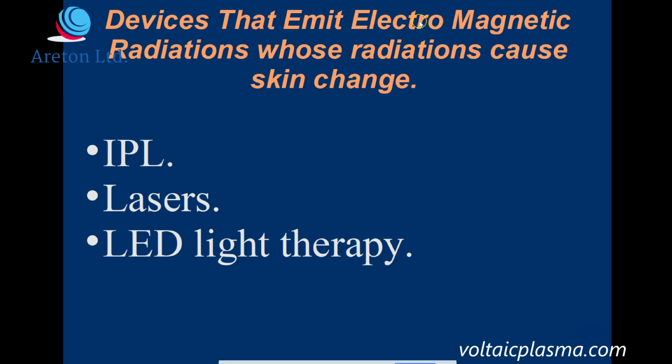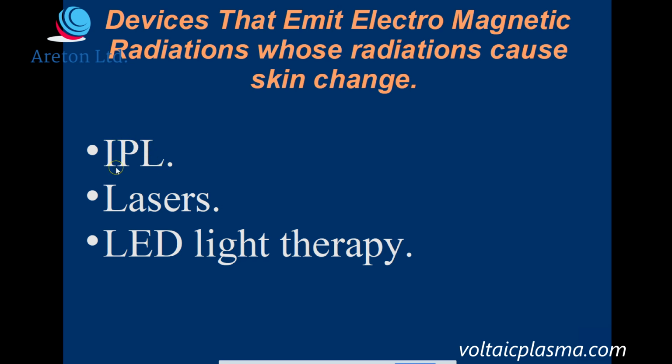And then devices that emit electromagnetic radiation whose radiation causes skin change are, as we said, IPLs, lasers, and LED light therapy. Mainly these three categories. There are not many others that we are aware of. But basically, when we are talking about electromagnetic radiation emitting devices or high intensity electromagnetic radiation emitting devices, we're always referring to these three categories.